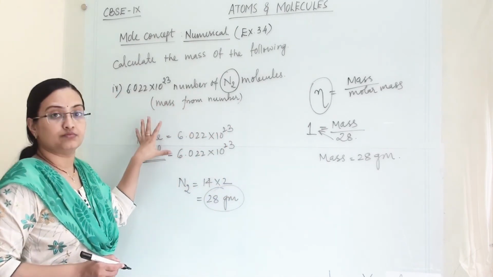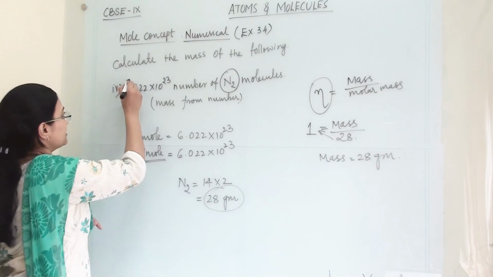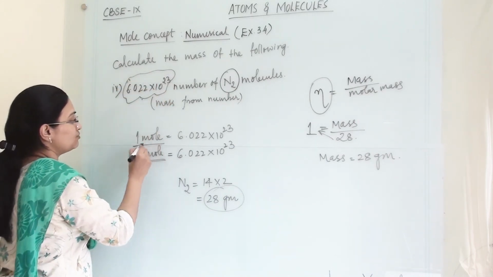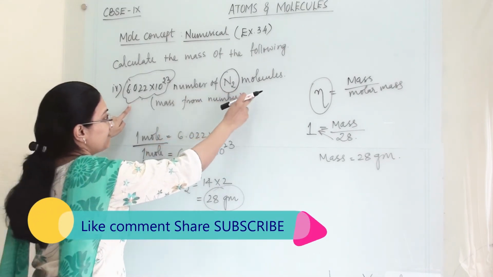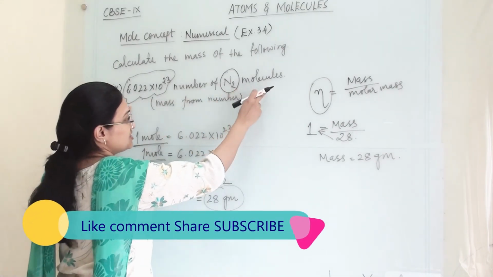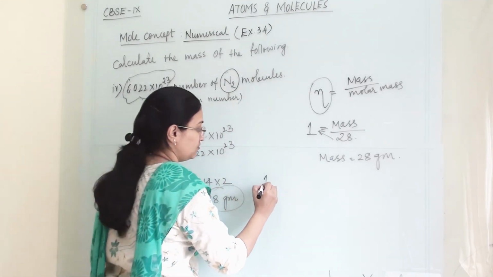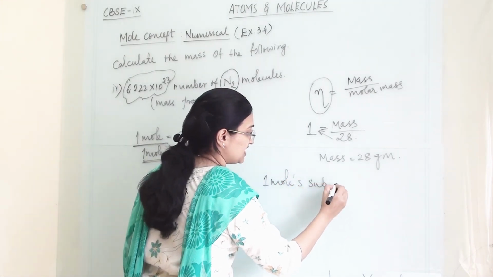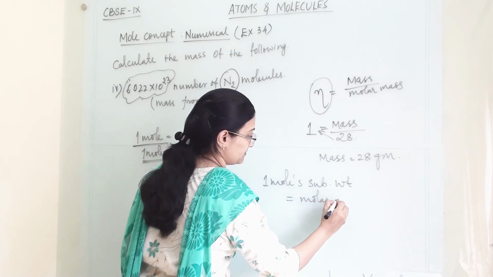This type of sum can be asked in fill in the blank, because directly you can see here that this is a number which refers to 1 mole of substance. So directly by looking at this you can write that 1 mole of substance weight equals its molar mass.